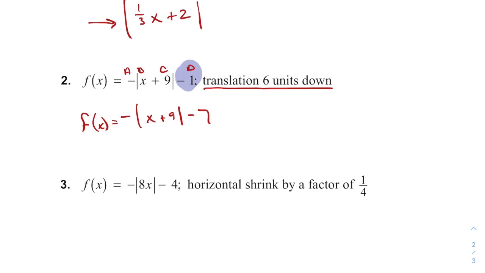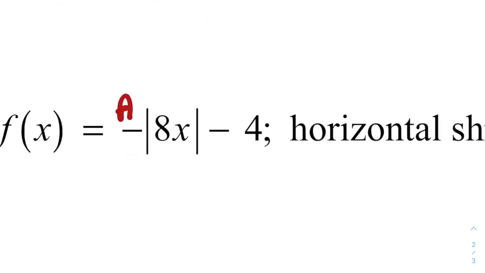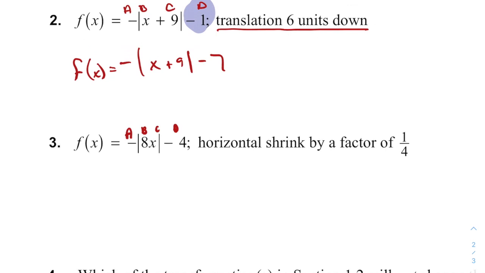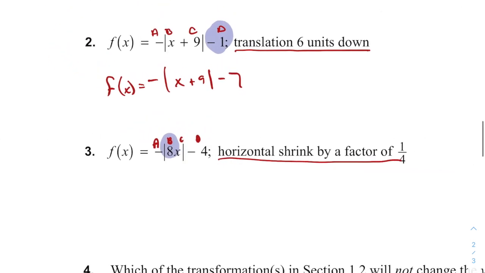So here's another one where you have your A, you have your B, you don't have a C, but that's where it would go, and then you have a D. When it says a horizontal shrink by a factor of 1/4, that tells you that you're affecting B, because B is horizontal stretch or shrink.